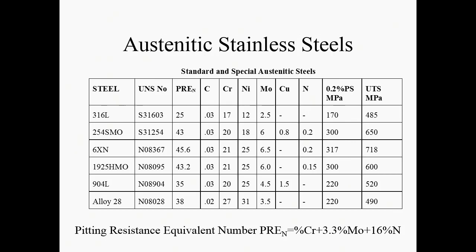So the whole idea is that you optimise your steel by finding the things that do what you want and adding them in quantities that don't have a bad effect. And then people have improved steels. The austenitic steels that are commonly used are these ones in the middle here, because their strength is probably up to somewhere in the region of X42.